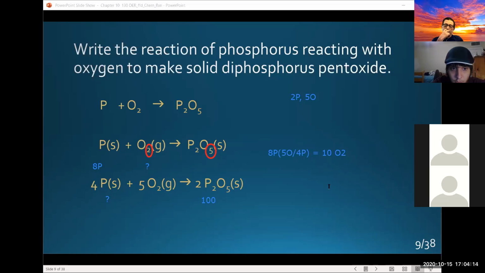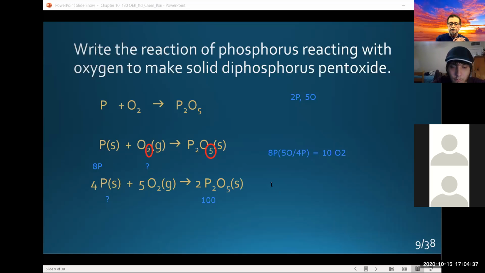You're the chemist. The boss comes to you and says, okay, Mr. Chemist, I need you to make me 100, and right now we're just going to say molecules, 100 molecules of diphosphorus pentoxide. How much phosphorus do you need to start off with? Well, no different than what we did right now.